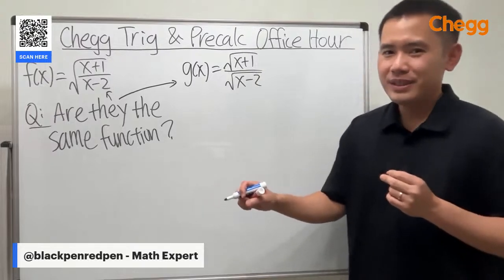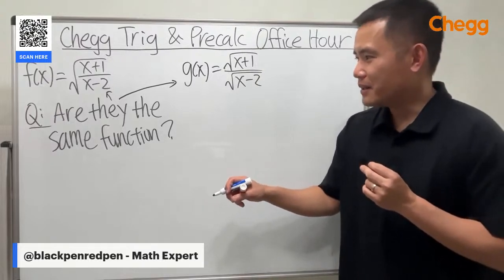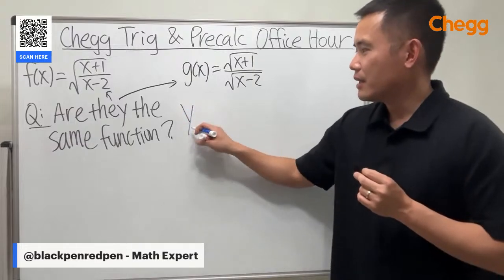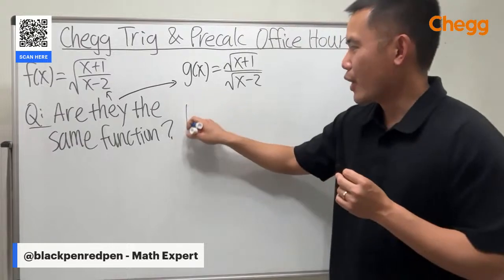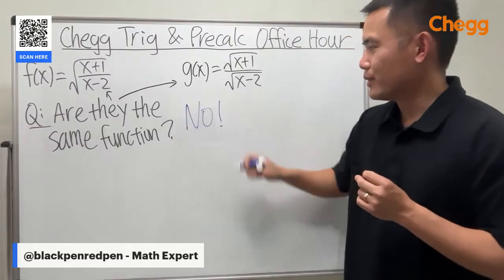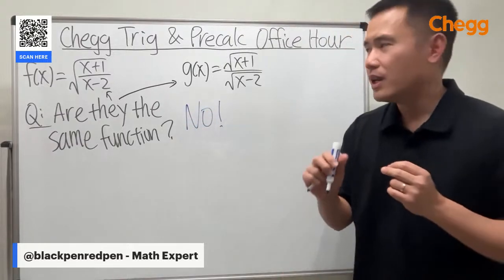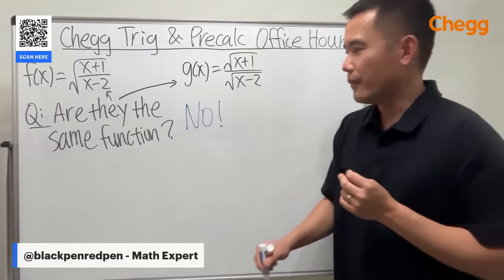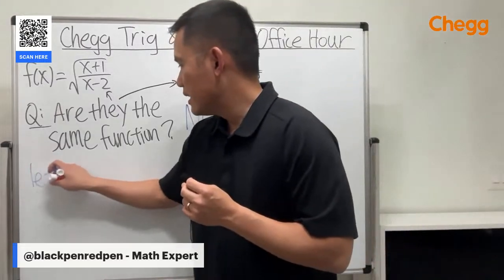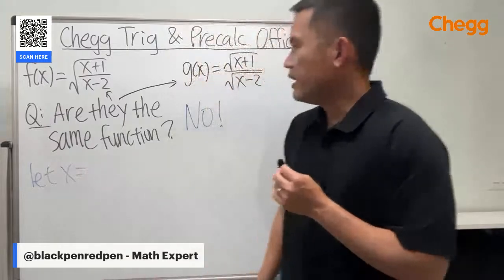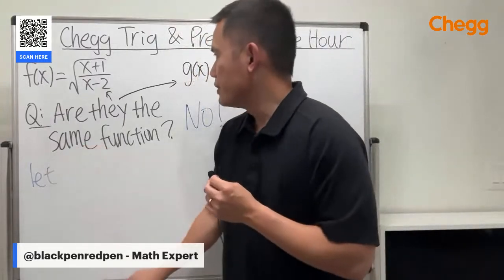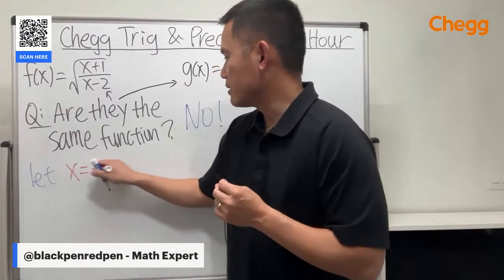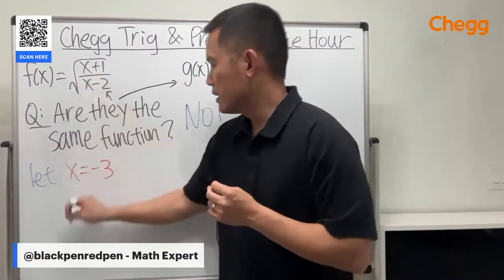Ready for the answer? All right, 3, 2, 1. Are they the same function? No, just kidding. No, with a factorial. They are not the same function. Because, here's the deal. Let's say I have a negative number, such as -3.